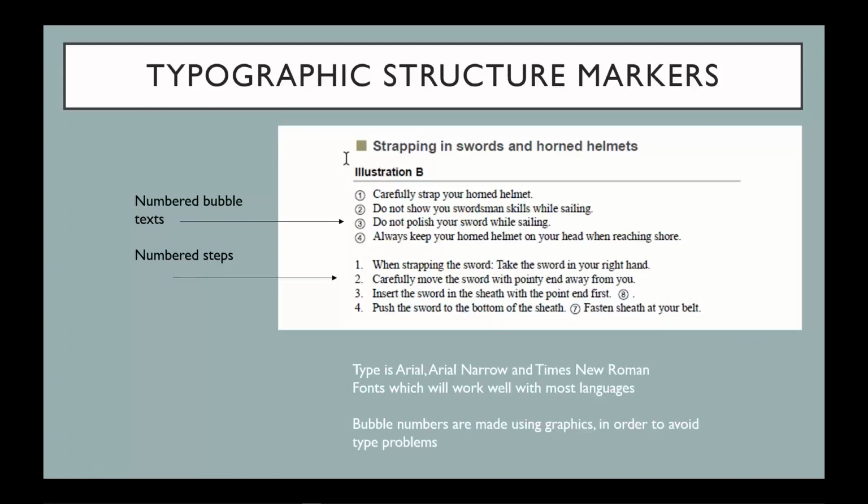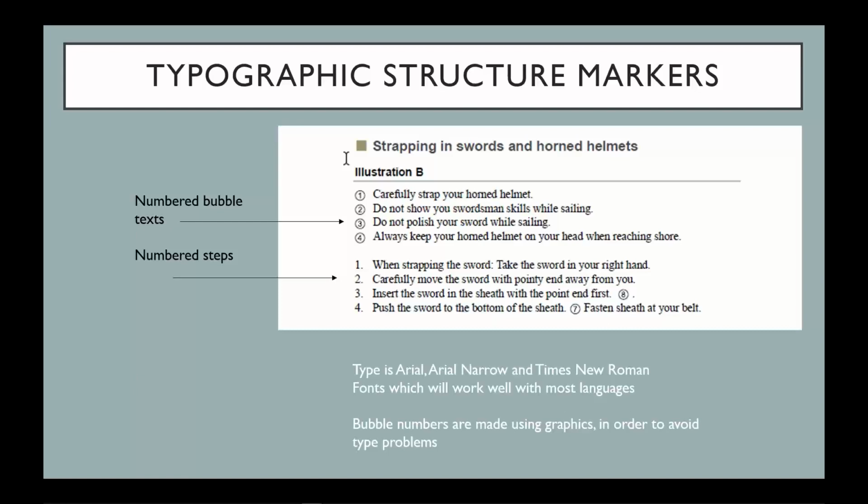Some of the illustrations have bubble numbers, so I have made some designs for bubble numbers, as we can see, numbered bubble text. These are paragraph styles, but the numbers aren't made using a font. They're made using graphics.